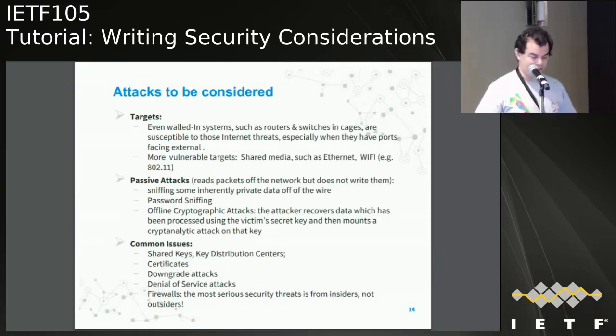You should think of passive attacks, like sniffing and other cryptographic attacks. There are common issues with shared keys. There's a design anti-pattern where you have a group of hosts that all have the same key. Certificates are often mismanaged. Then there are downgrade attacks, denial of service attacks, and firewalls. All this and much more is in RFC 3552. Please read it.